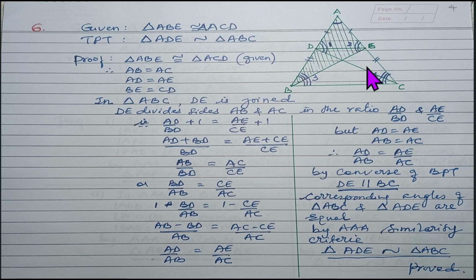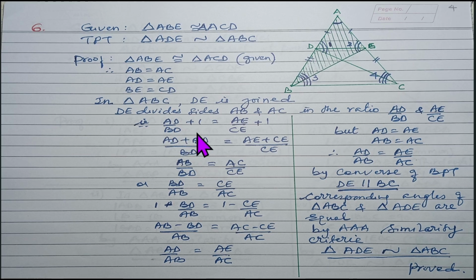DE divides the sides AB and AC in the ratio AD by BD is equal to AE by CE.